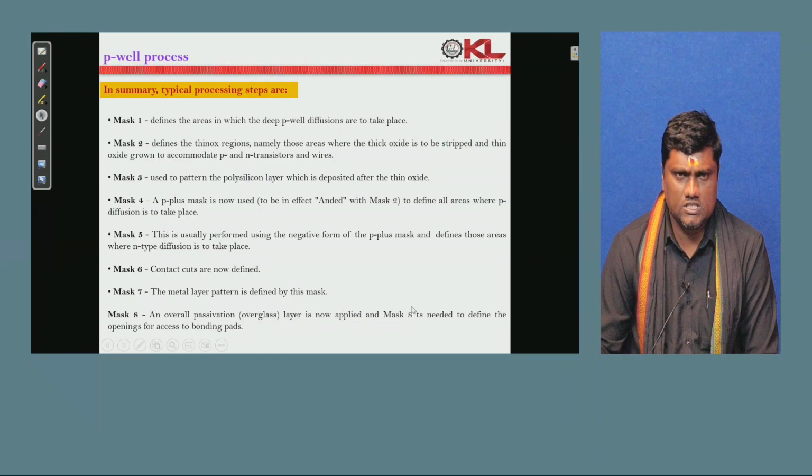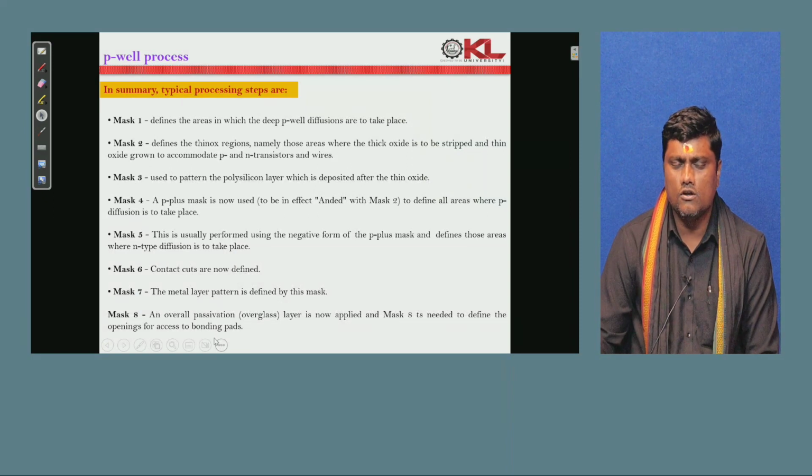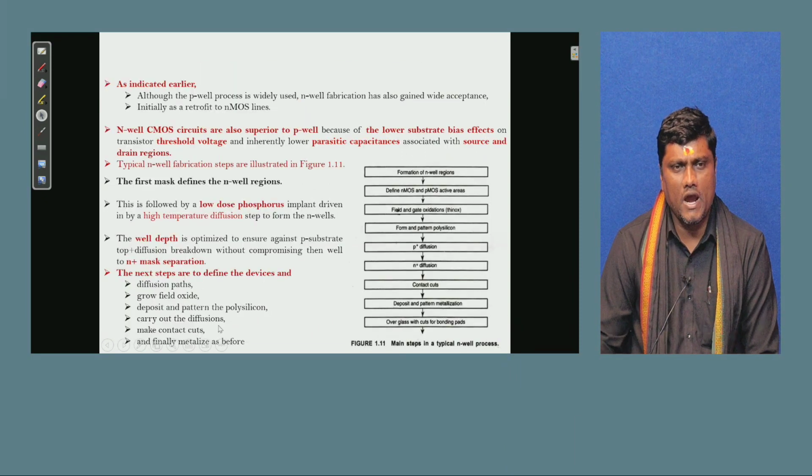The summary of the critical steps involved in the P-well process is mask 1, mask 2, mask 3, mask 4, mask 5, mask 6, mask 7 and mask 8. With mask 8, the overall passivation layer is applied, and mask 8 is needed to define the access to the bonding pads.